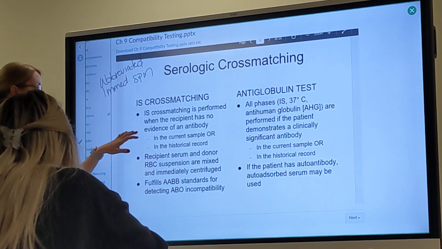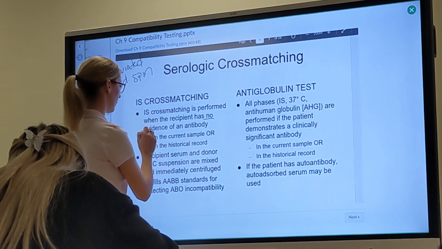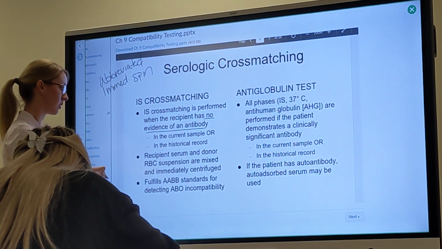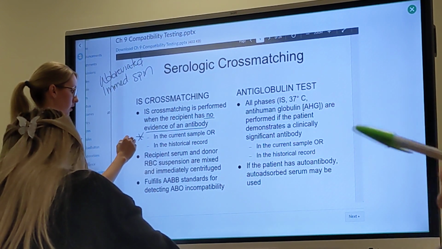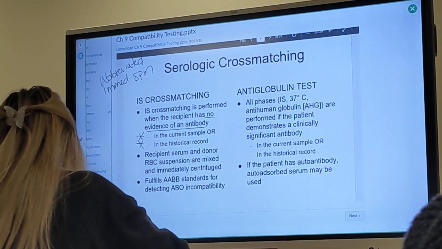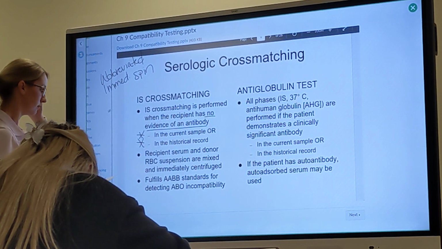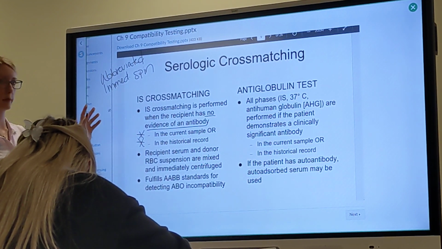So immediate spin cross-matching is performed when the recipient has no evidence of an antibody. So in their current sample, or ever in the history of their blood banking work that they've had done at your facility. That's the only time you can do an immediate spin cross-match.